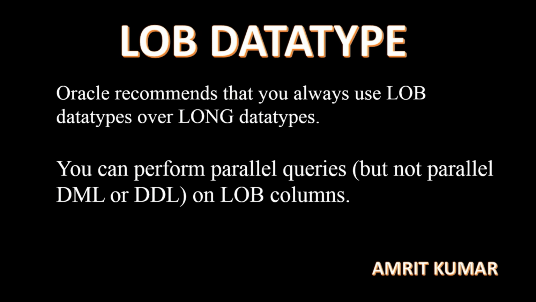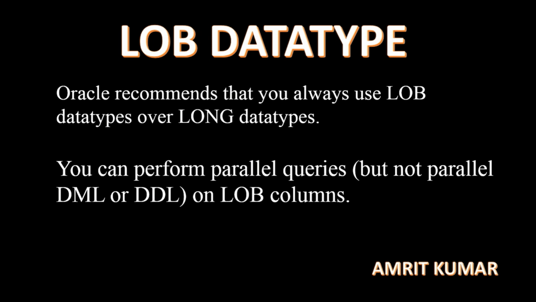So you can perform parallel queries on LOB columns, but you cannot do parallel DML or DDL. It's simple: you can perform queries on LOB columns, but not parallel DML or DDL.